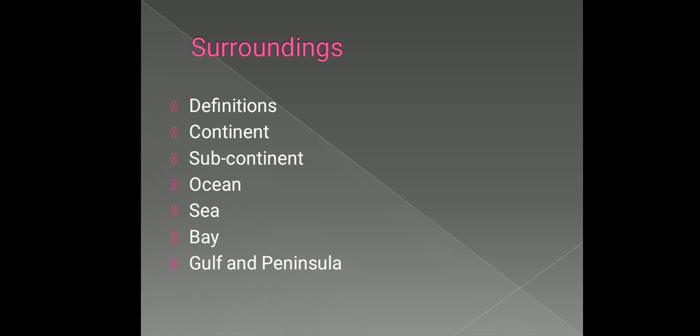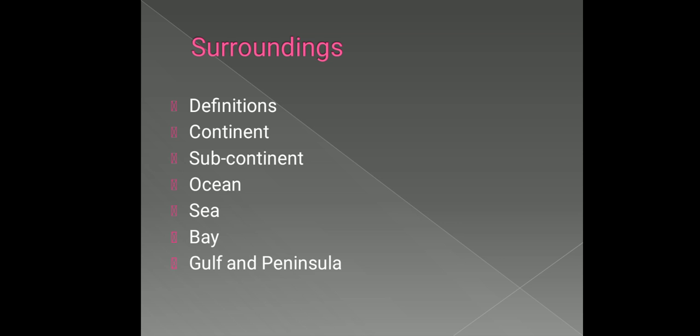In the same way, a gulf. A gulf is also a water body that is surrounded by land from three sides. But a gulf is very small compared to a bay.